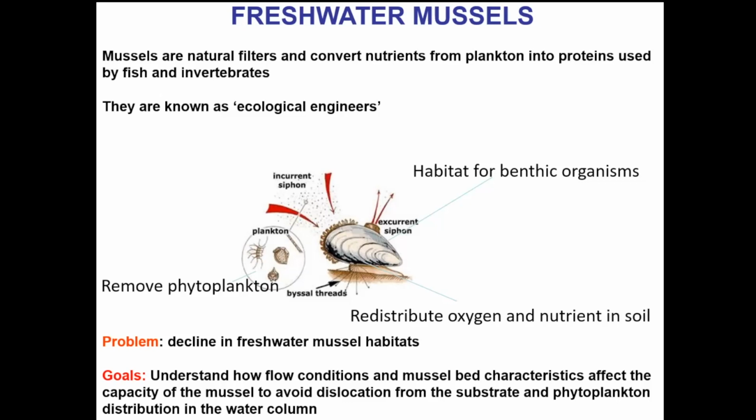In order to predict if a mussel is going to be dislocated from the river, the most important variable you need to know from numerical simulation is the force acting on the protruding part of the mussel shell. This is something which we can calculate quite easily using our numerical model.